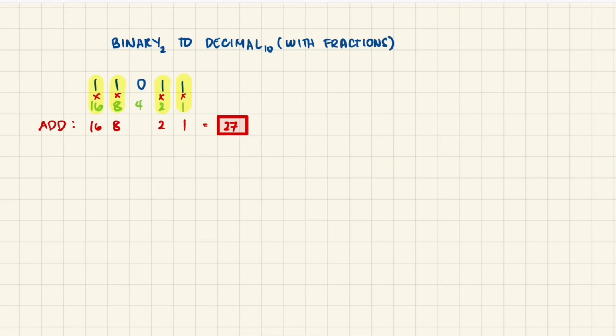Okay, next example. 1, 0, 1, 1, 0, 1, 1, 0. So again, the first step is to write our base numbers, starting with base 2 to the 0th power from the right-hand side to the left-hand side.